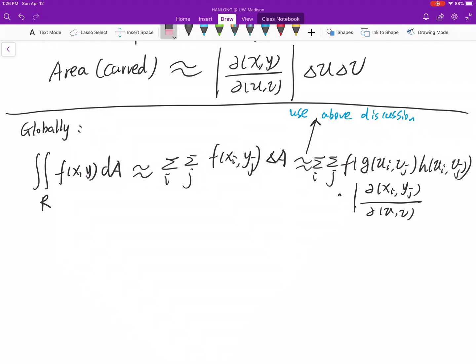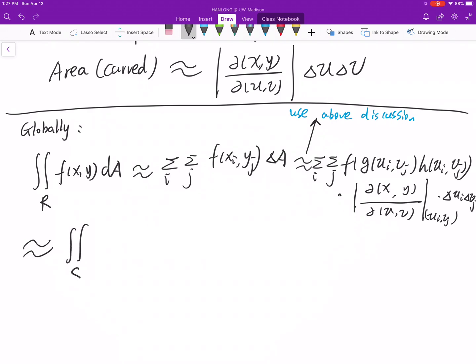Sorry, this is sloppy, but what we mean is we take the value at this point (u_i, v_j), and then times du_i dv_j.